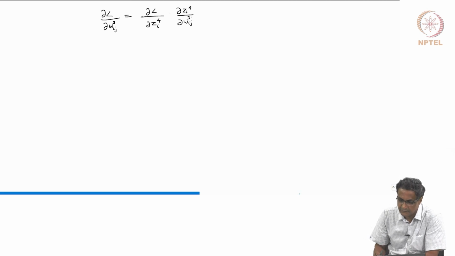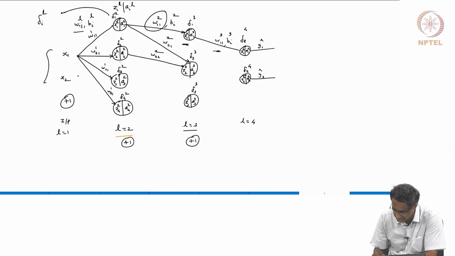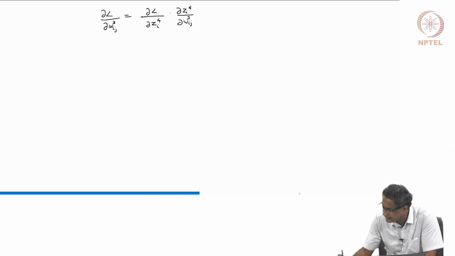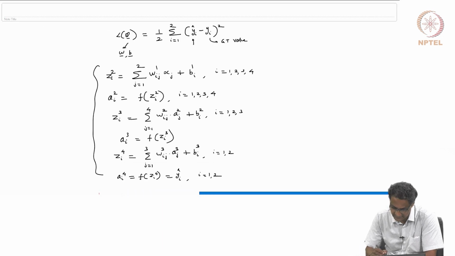Of course, we'll have to find all these values independently. But let's look at this equation that we had. See the Zi3, it is in this form.